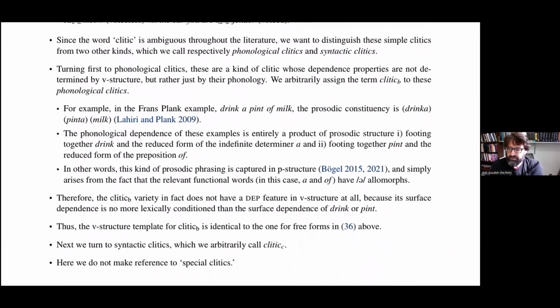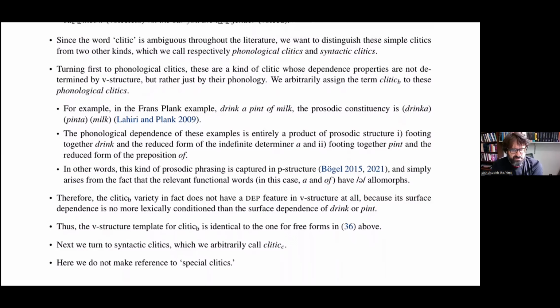We arbitrarily call these clitic B. For example, in the Franz Planck example, which has been talked about a lot in the LrFG literature, drink a pint of milk, the prosodic constituency is drinka, pinta, milk, which is obviously not the syntactic constituency, right? The syntactic constituency would be drink a pint of milk, but that's not how you say it.